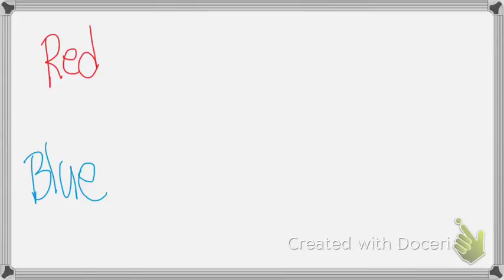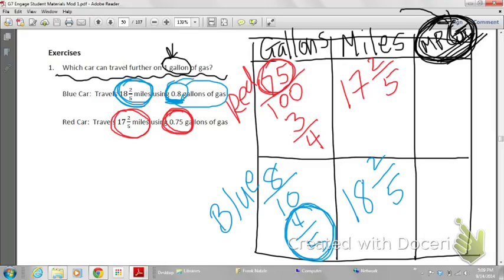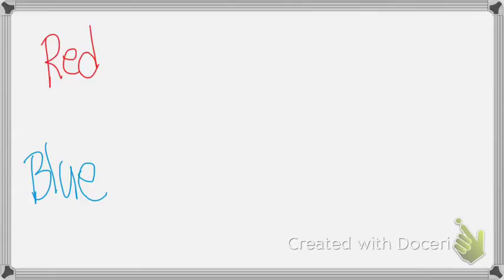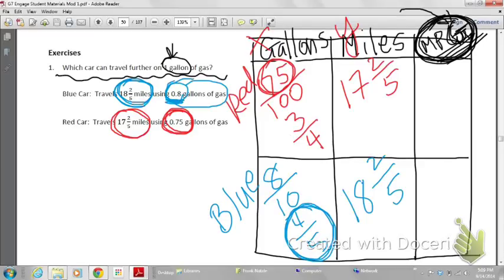Okay, so I have my whiteboard here, and I'm going to go ahead and calculate the unit rate, the miles per gallon for my red car and my blue car. We'll start with red. Go get those numbers again. And again, if we're thinking of this table in terms of x and y, we know we are dividing y by x, so we need 17 2/5 over 3/4.